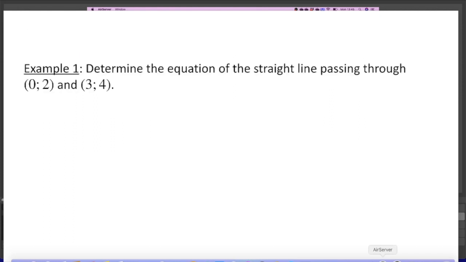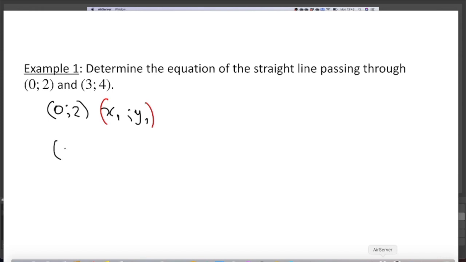Let's look at this one example. We are given the line passes through 2 points, 0, 2 and 3, 4. Maybe call your point 0, 2 x1 and y1. Okay, call that one x1, y1.